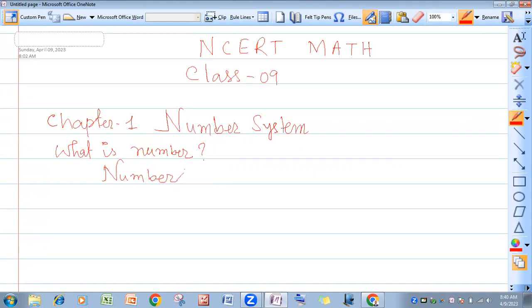And we know numbers are all 0, 1, 2, 3, 4, dot dot infinity, or it's plus minus all. And it includes fractions also, rational, irrational also.